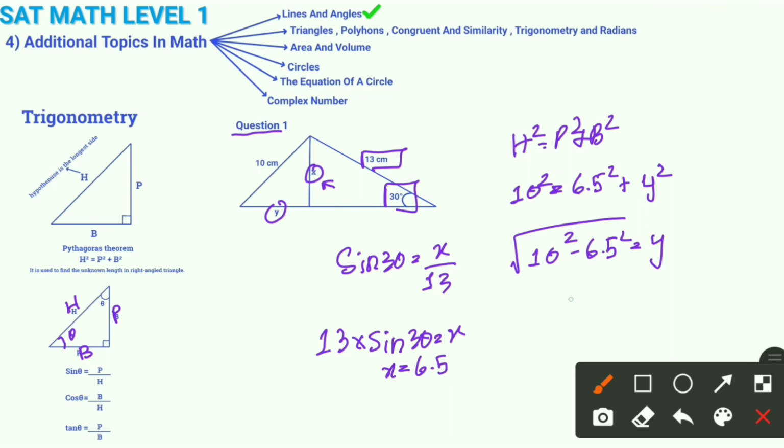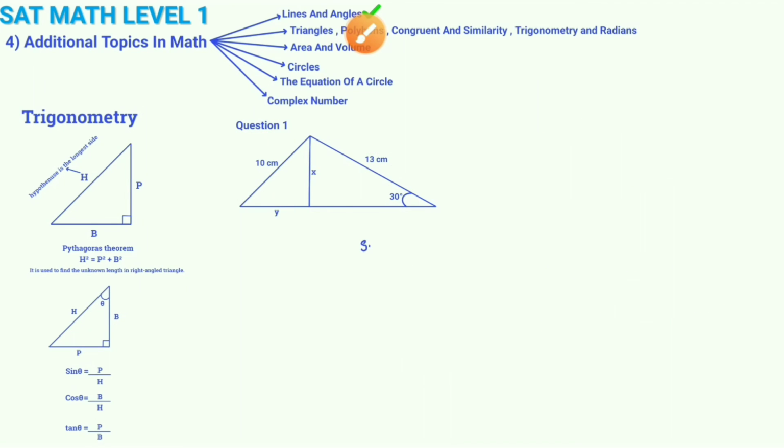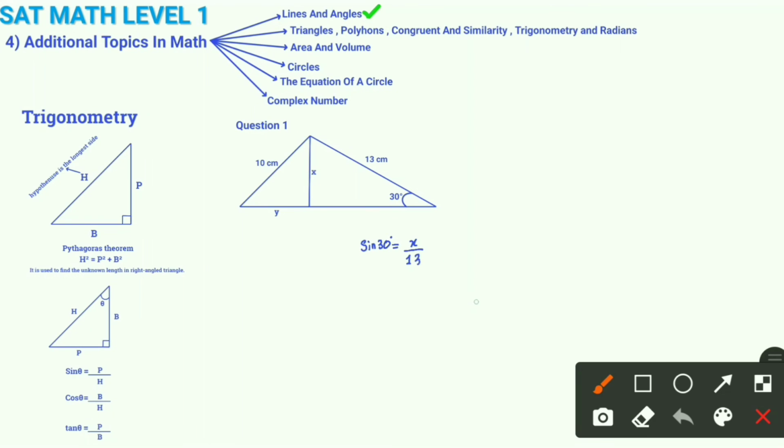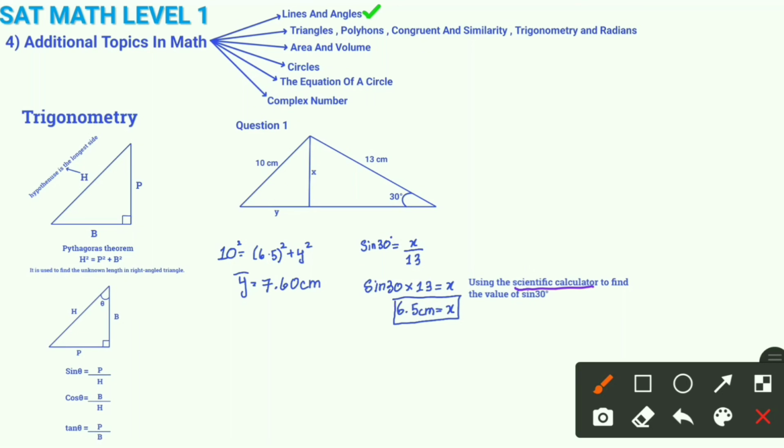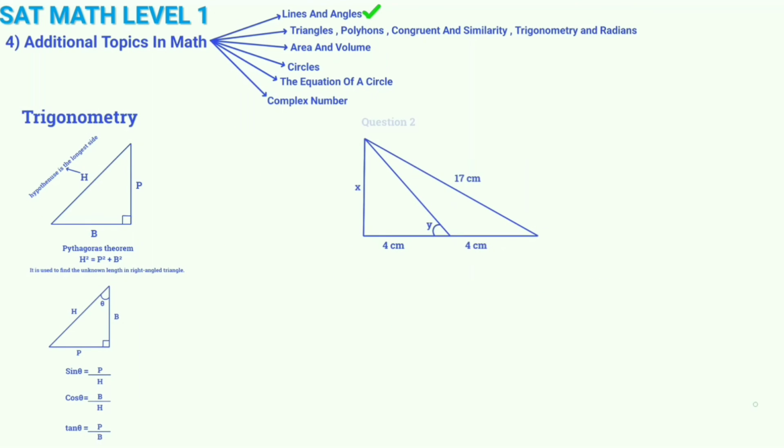Using my calculator, the value is 7.6. Y is equal to 7.6. This is the answer. Just using the scientific calculator to find the value of sine 30. We always use a scientific calculator. So these are the values.